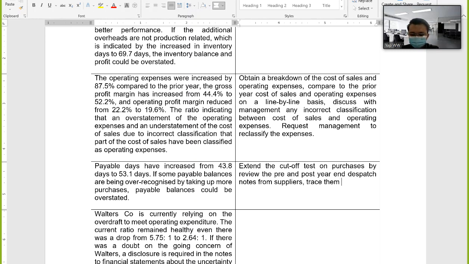Trace them to the invoices and payable balances to confirm proper cut-off, to confirm they are recorded in the correct accounting periods.